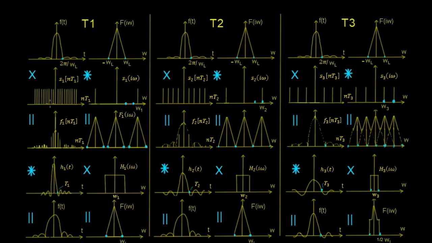Now you can see that because these impulses are very tightly spaced in time, that means they're very widely spaced in the frequency domain, and in fact they're widely spaced enough such that the value of our omega 1 lies outside twice the value of our omega L. So we can see we get this extra little distance here.